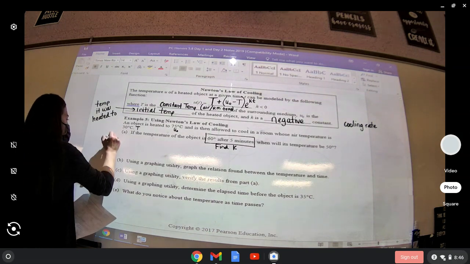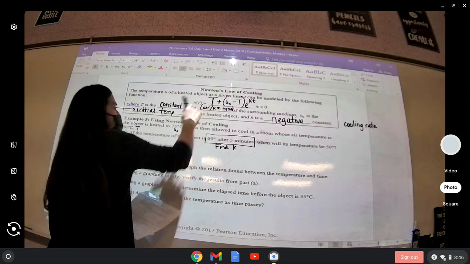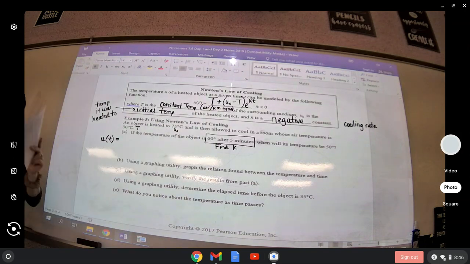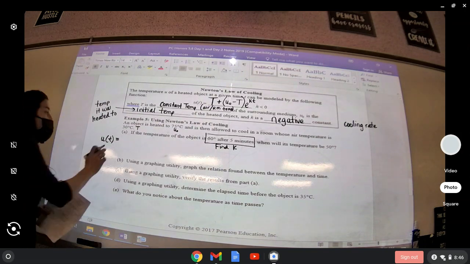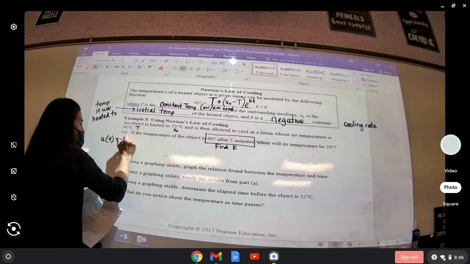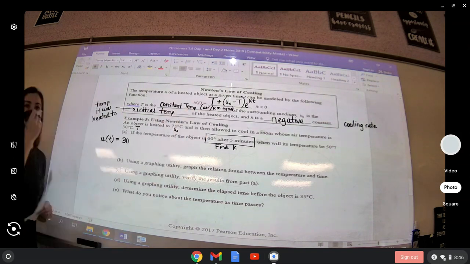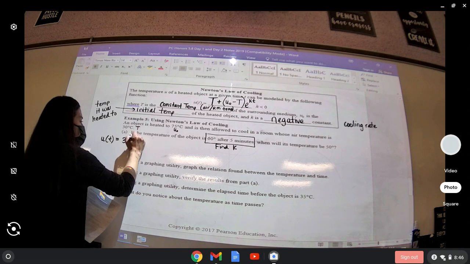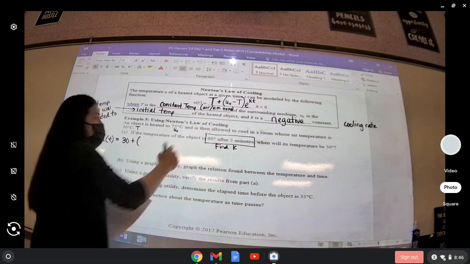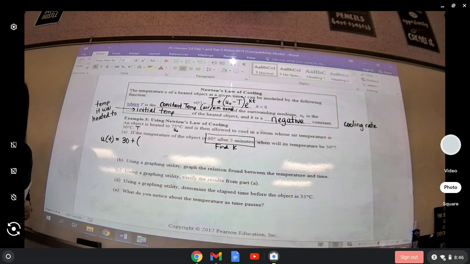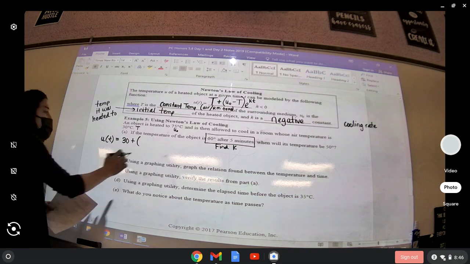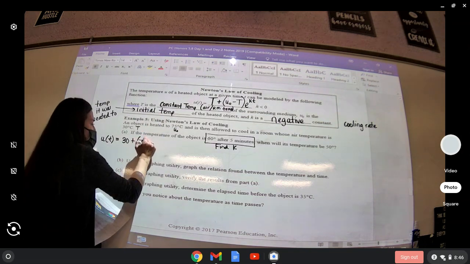So U of T equals capital T. What is your surrounding air temperature? It was 30 degrees. That'll be 30, right? Capital T is 30, plus U sub 0, what was the temperature of this object heating to? It was heated to 75 degrees.